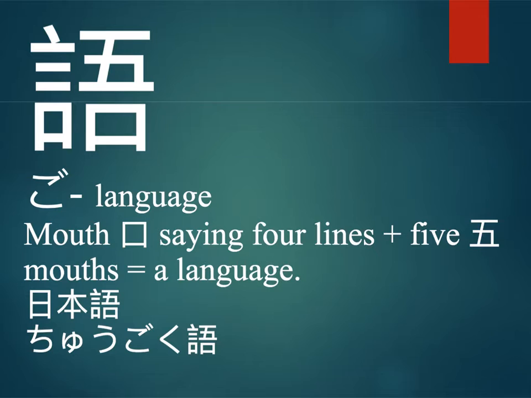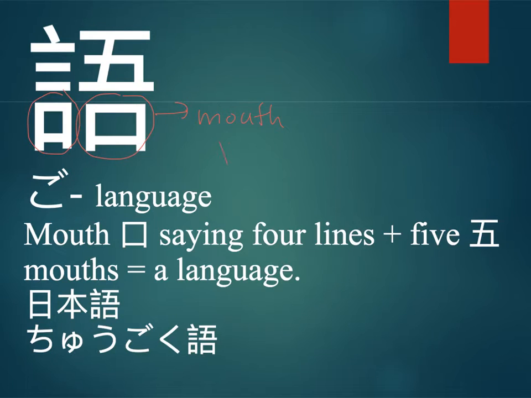And the next one is go, which means language. So kanji is made up of what we call radicals. And radicals essentially are little pieces that mean something and can be kanji by themselves. One of the things that is specific in this kanji, and sometimes a radical will tell you a basic meaning or a connected meaning, is that this is supposed to represent a mouth.